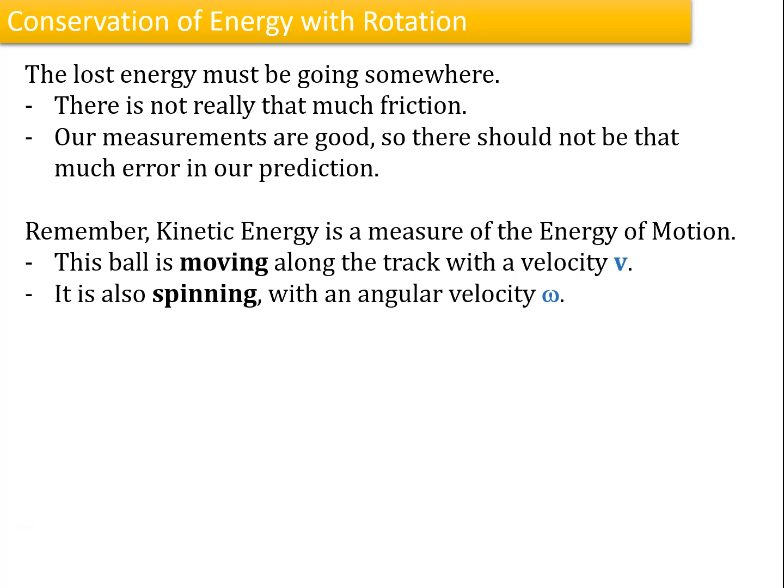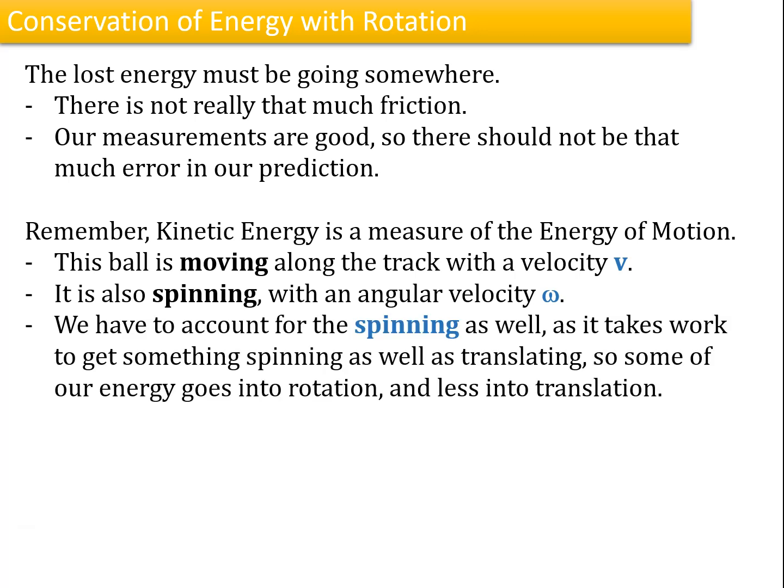Spinning is a type of motion, so we have to also account for the spinning, because it takes some energy to spin that thing. So what we were missing was the spin energy that this ball was accumulating as it was rolling down the track.